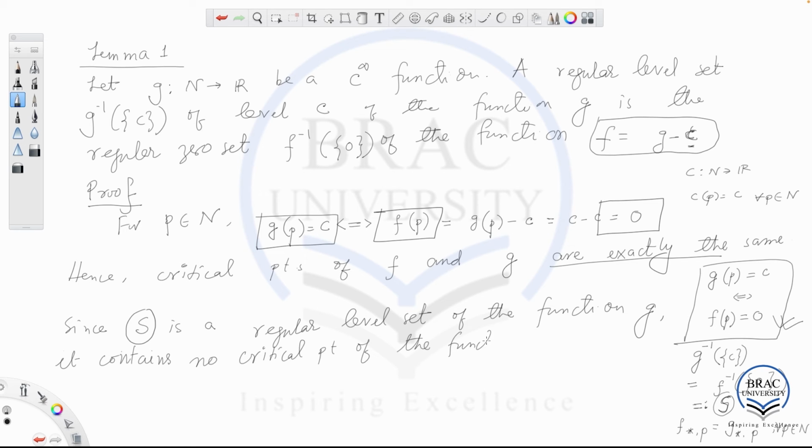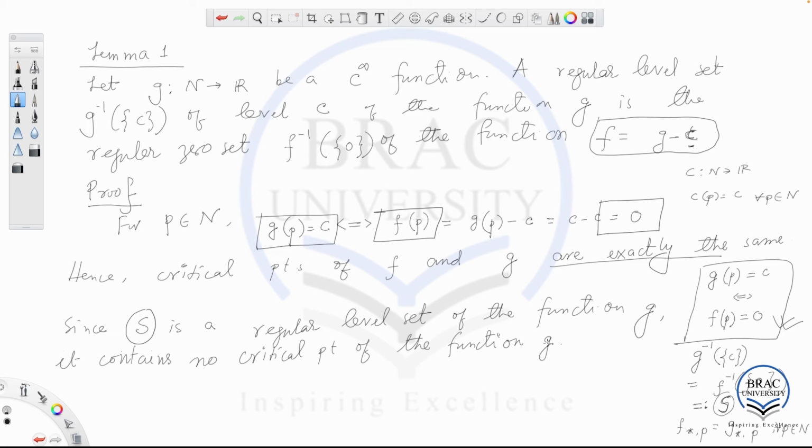Okay, it contains only regular points of g. Well, let's be safe in this case. It contains no critical points of the function g.